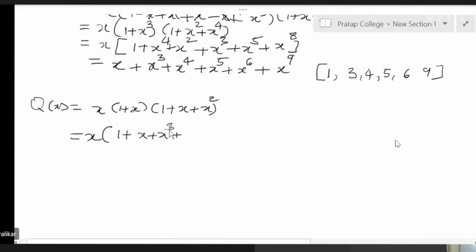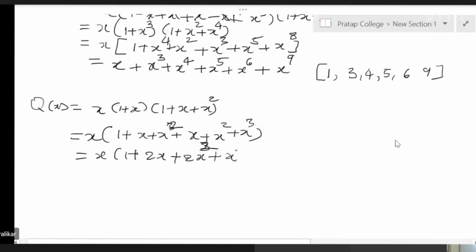So what is this? This is x into 1 plus 2x plus x square plus x cube. I hope you don't mind my making little mistakes.